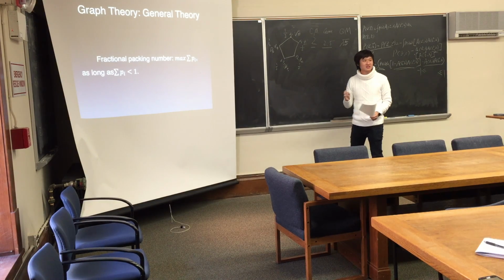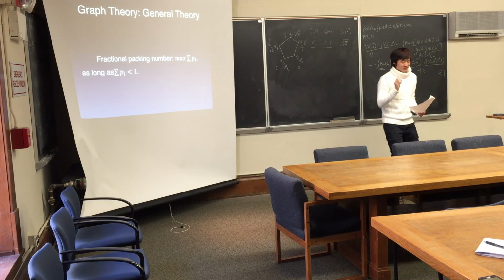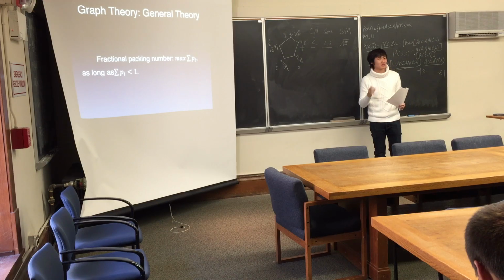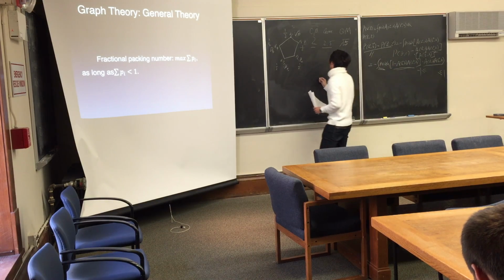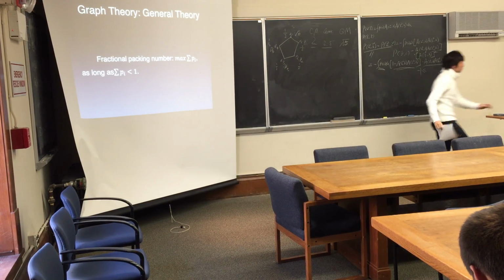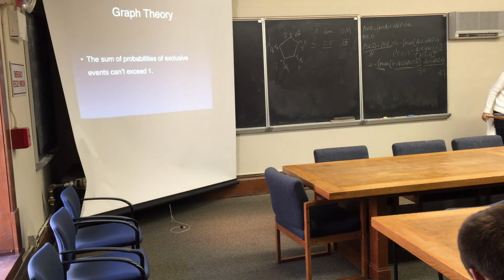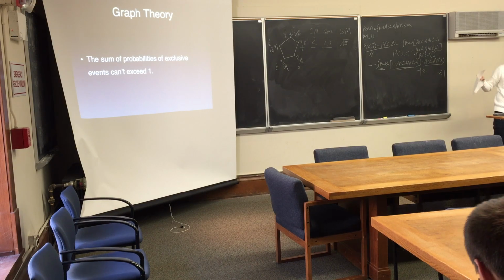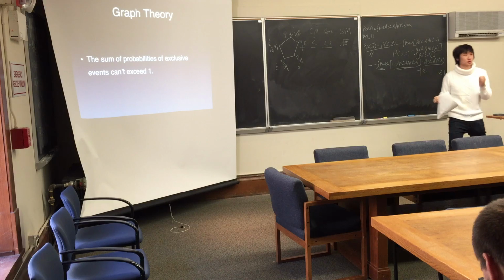Or is it less than that? I think it's less than. The only principle we need to guarantee is that the sum of the probabilities of mutually exclusive events cannot exceed 1. Okay, that's good. That's the only rule.